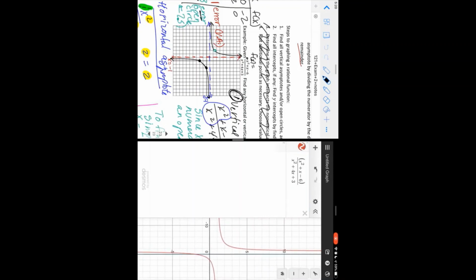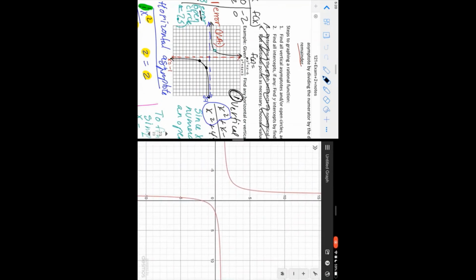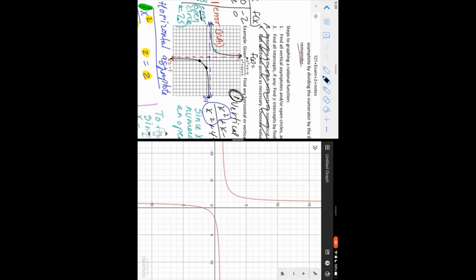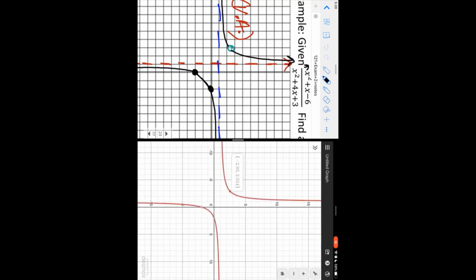So unfortunately, I did finish saying a couple of seconds ago that it's a graphing calculator or Desmos appreciation. But if you notice, we were able to identify the open circle just by looking at it. Unfortunately, Desmos doesn't give you the open circle. But at -3, there you go, you see that undefined, that little open circle there.